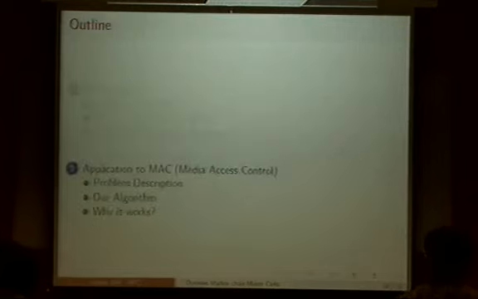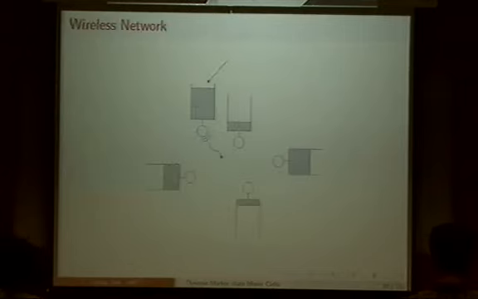And now I go to the real problem. How can I apply this to a real problem, media access control? This is a wireless network. A wireless network has a collection of n queues.